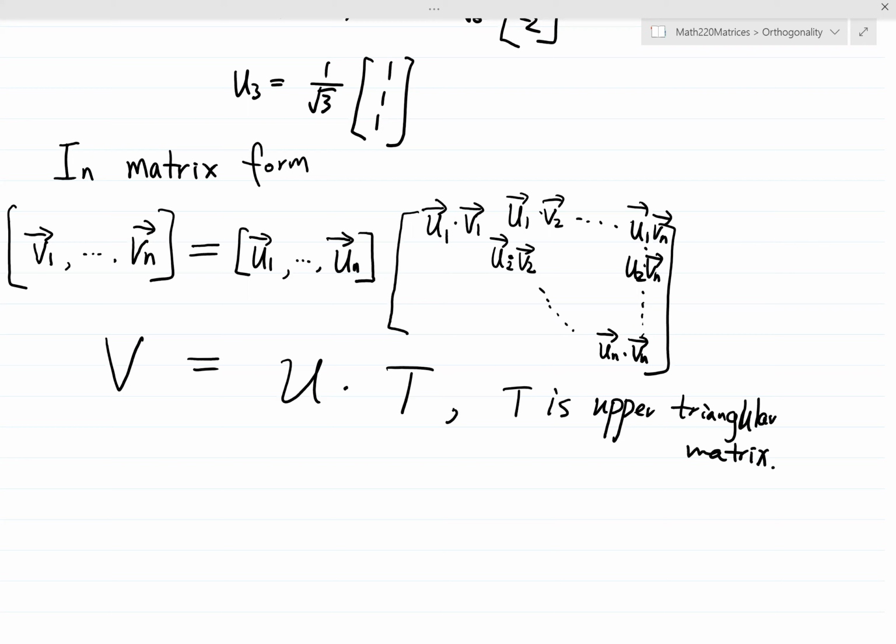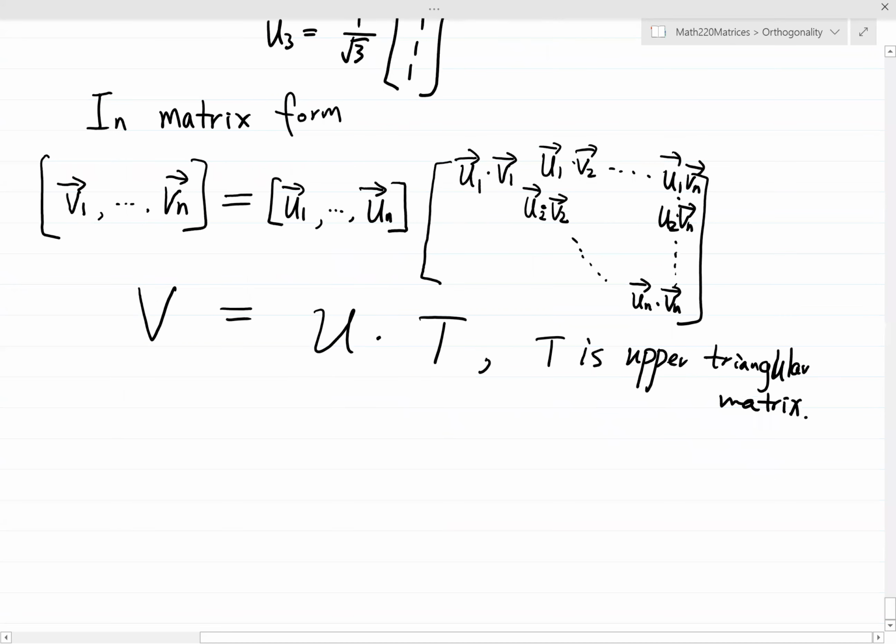There's some sign mistake here to be fixed, so be careful.